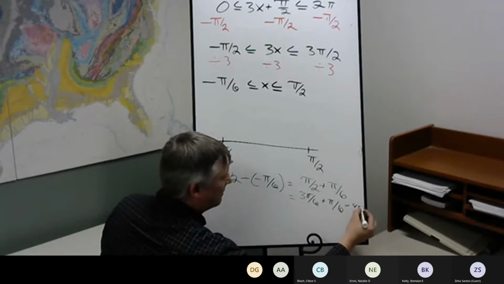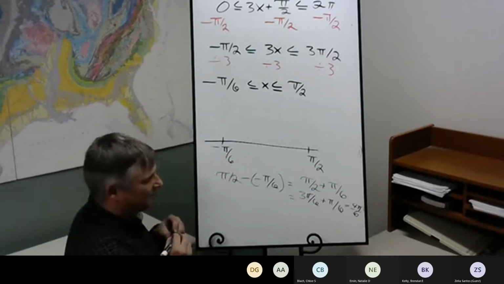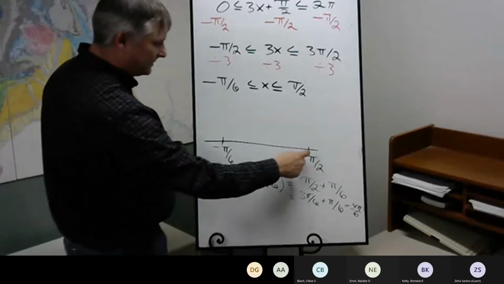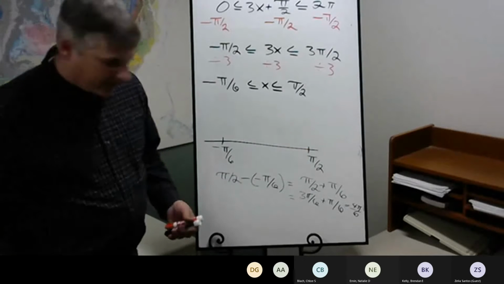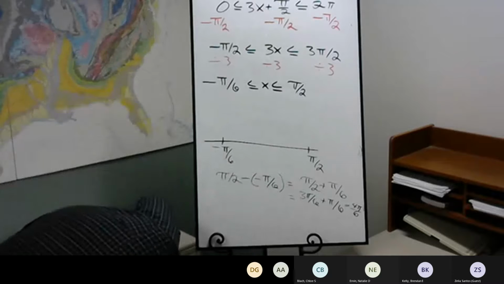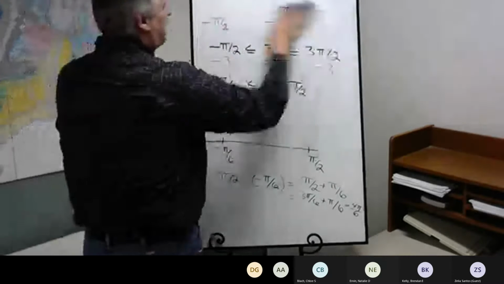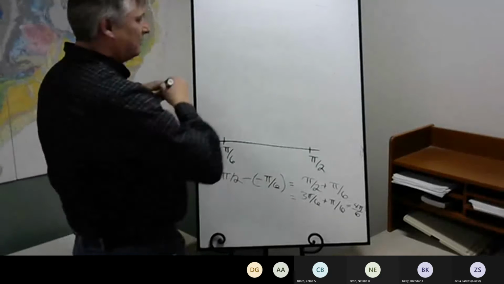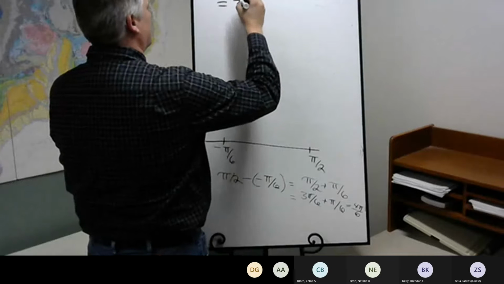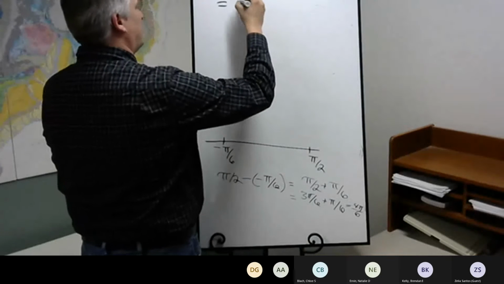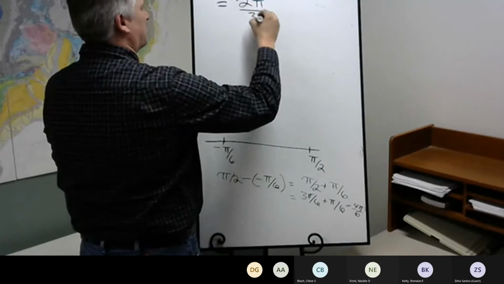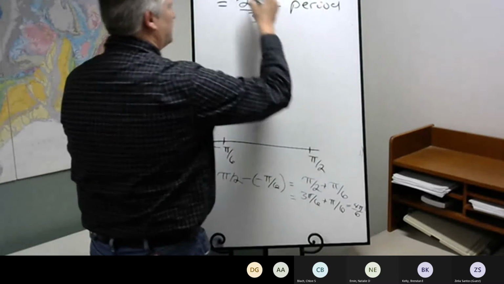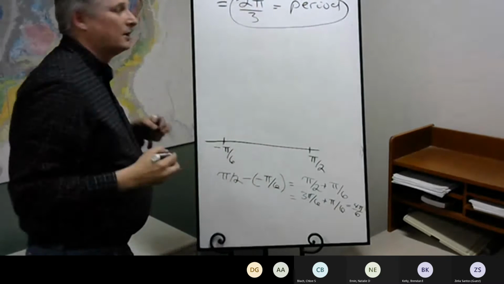We'll get 4 pi over 6. So that gives us the distance from here to here. And if you reduce that, you'll get 2 pi over 3. And so this is going to be the period.